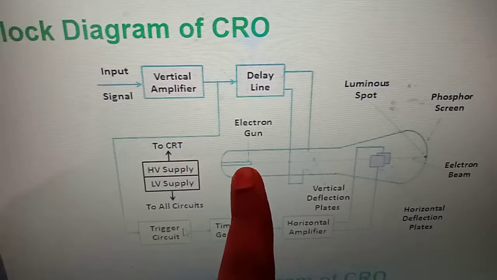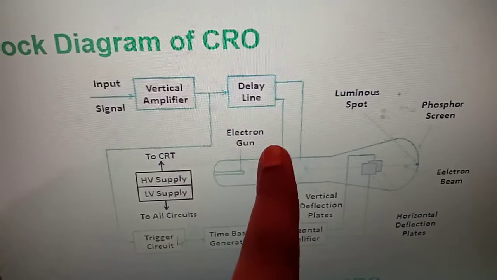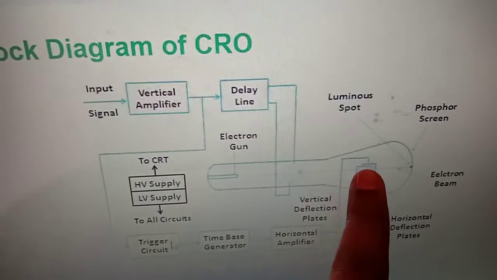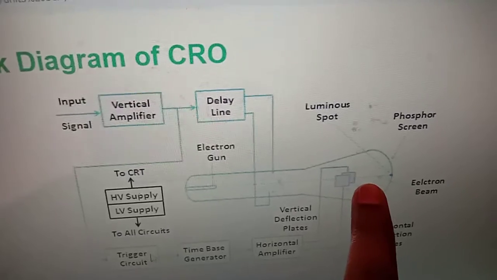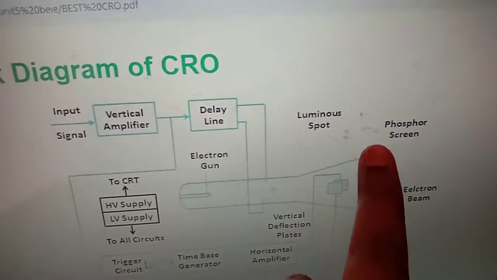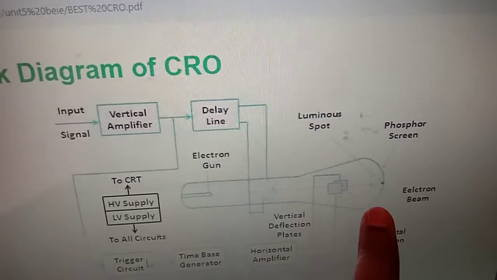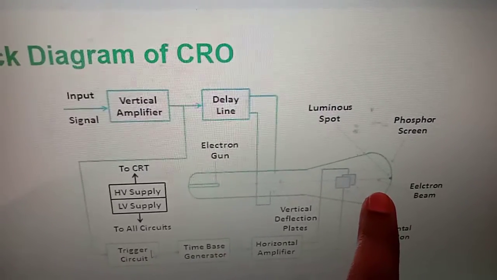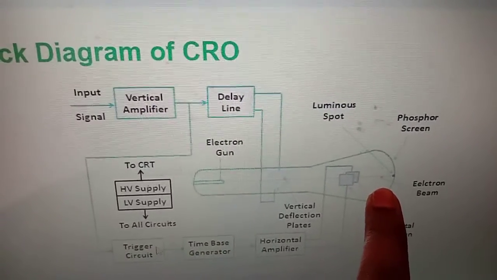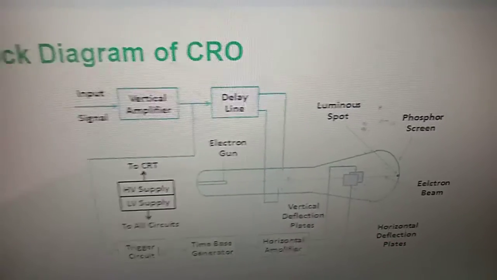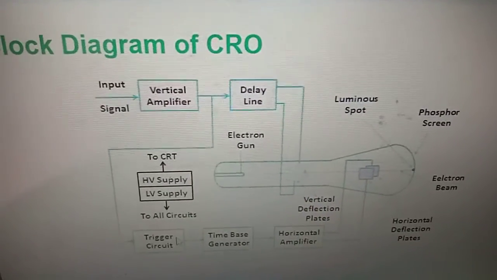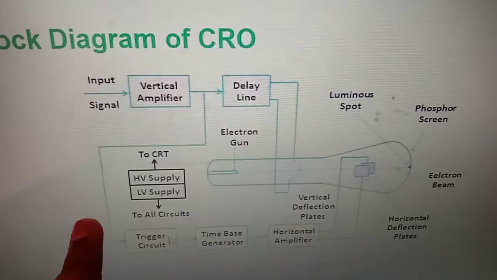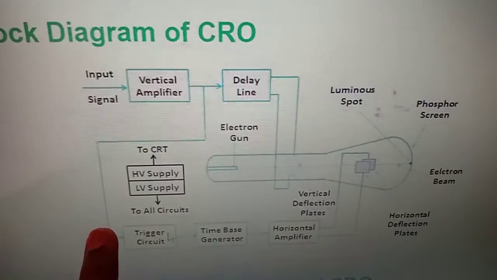When we inject the electron beam, it passes through the vertical plates and horizontal plates, and finally strikes the phosphor screen. We can see the features of the electrical signal through the cathode ray tube. In the cathode ray tube we have high voltage supply and low voltage supply.